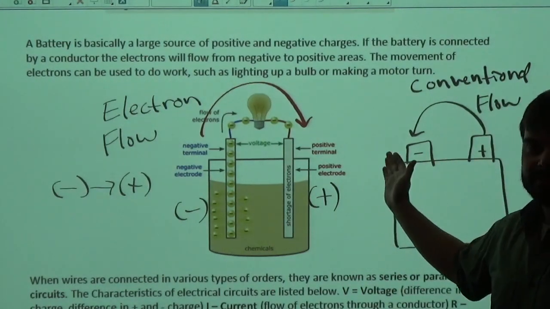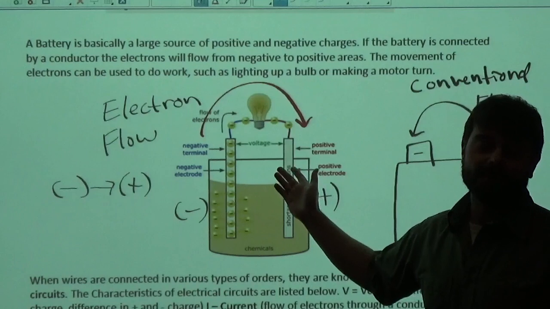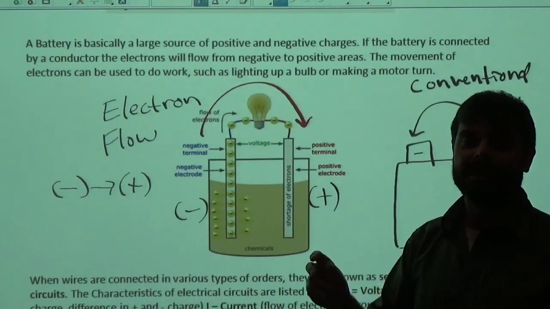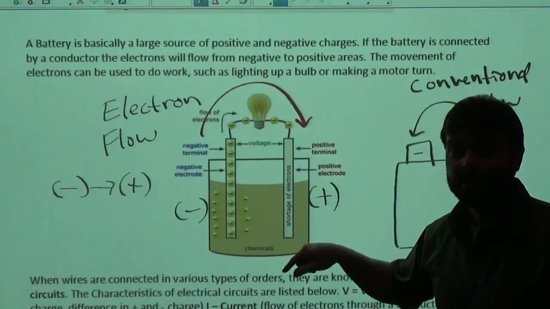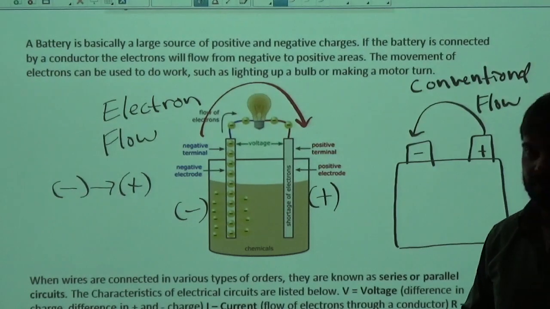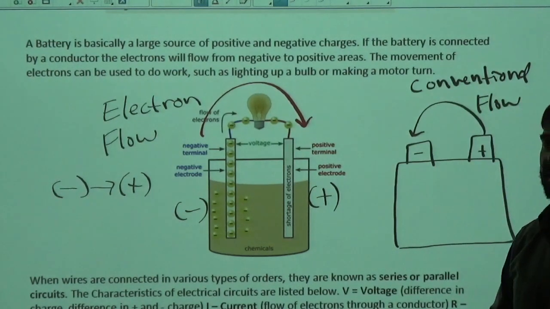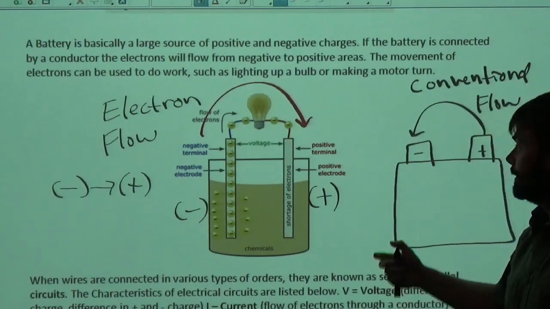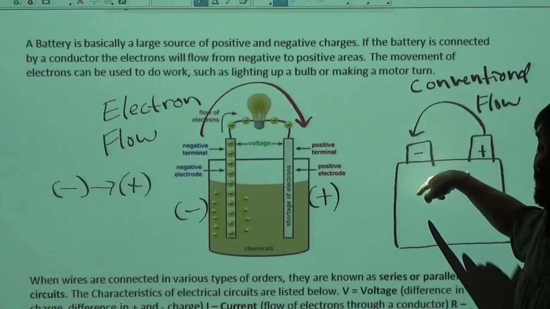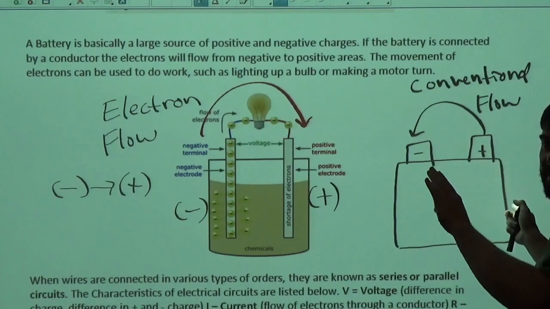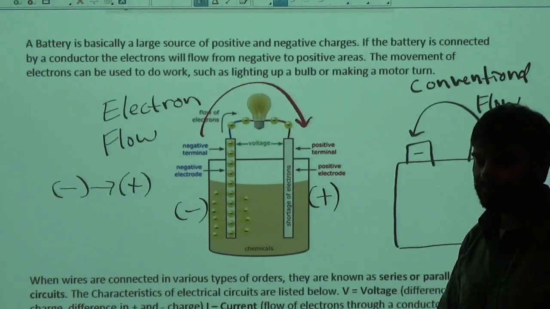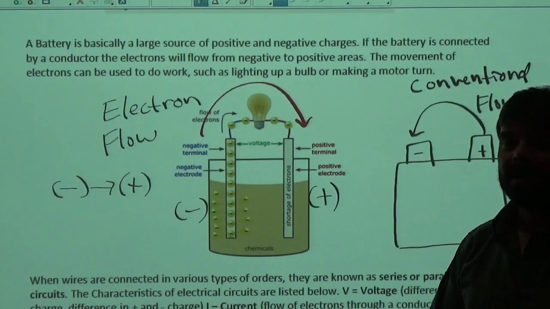Remember, positive things don't move in an electrical circuit. A proton does not move from here to here. An electron flows from one point to another. So really what's flowing is the electron, and that always goes from negative to positive. So whether the electrons are really over here and go in here, and they label this as the positive end or the negative end, we'll let that be as is.